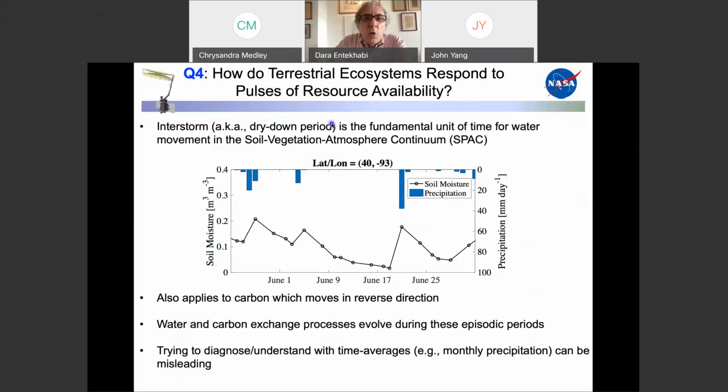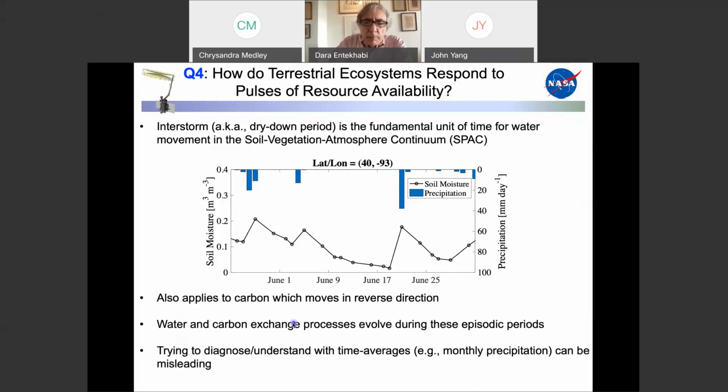And what do we know about it based upon, again, pure observations? So during dry downs, there are these pulses of rain, soil moisture goes down, and the plant is using that up. The question is, how is it using it?